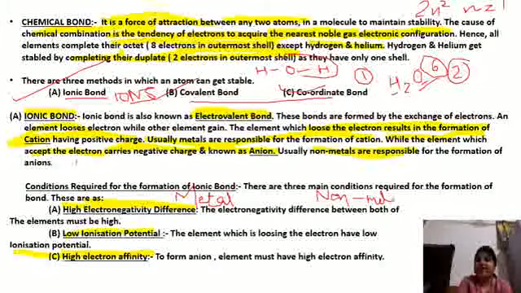If the electronegativity difference between these two is very high, then it results in the formation of ionic bond. We all know very well that electronegativity means the tendency to attract shared pair electron.